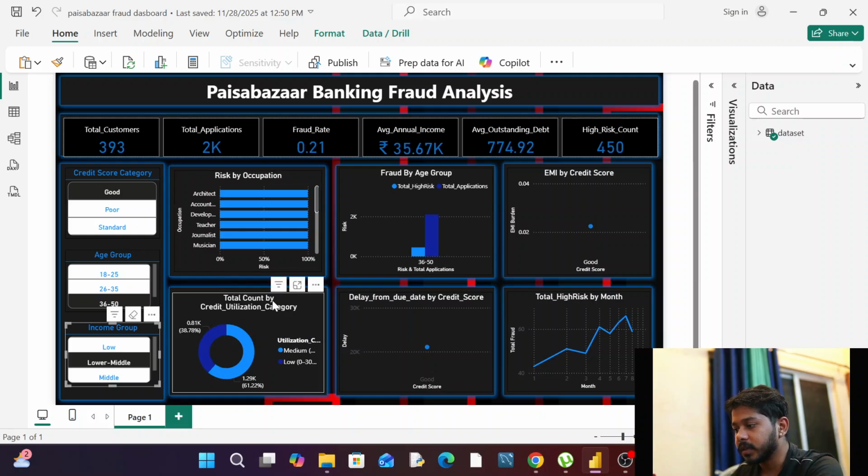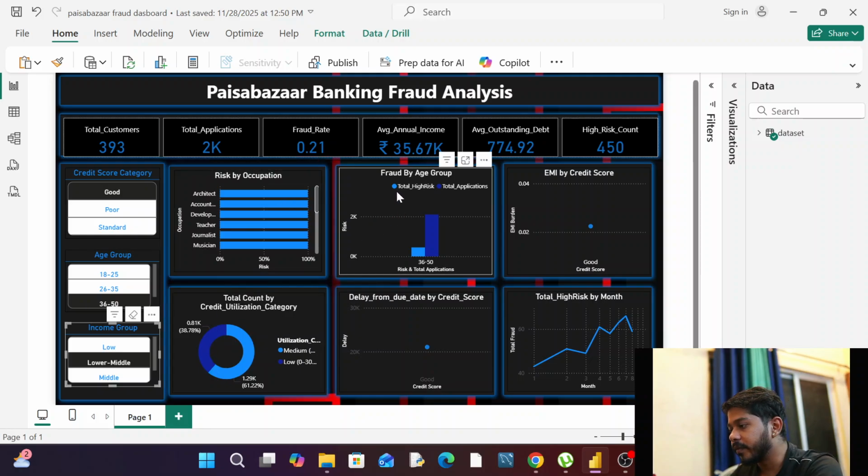You can see in this group, we can see the fraud by age. What is the fraud percentage, or it's not percentage, it's the count of fraud by age. In this we get total high risk. Something around 500, you can see 450 high risk, and total applicants are 2099.